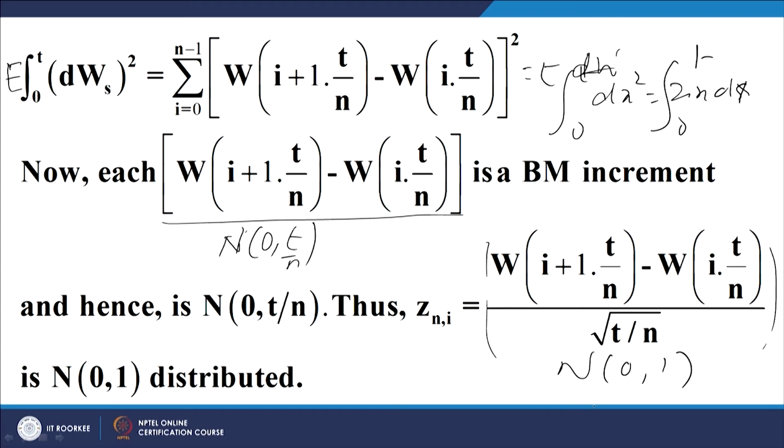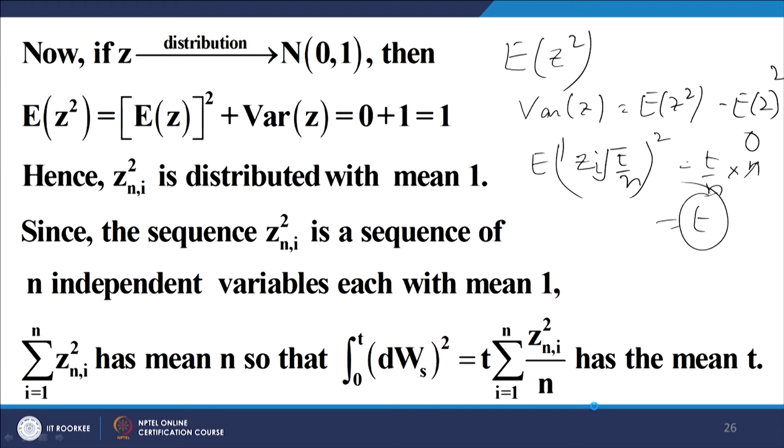And therefore, we also know that the expected value of z squared is equal to 1. Therefore, the expected value of z times under root t upon n, whole squared, will be equal to, you see this is non-stochastic, root t upon n is not stochastic. So, this becomes t upon n into the expected value of z squared, and the expected value of z squared is 1. So, this becomes t upon n.